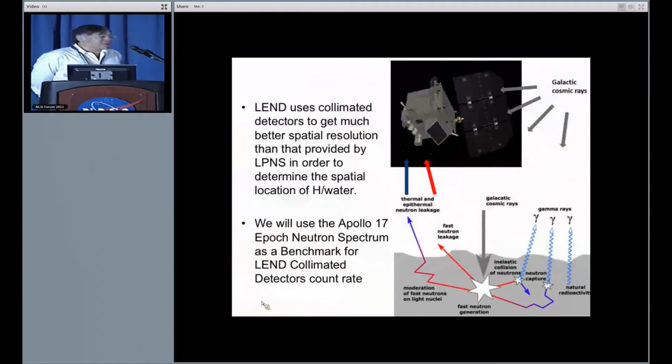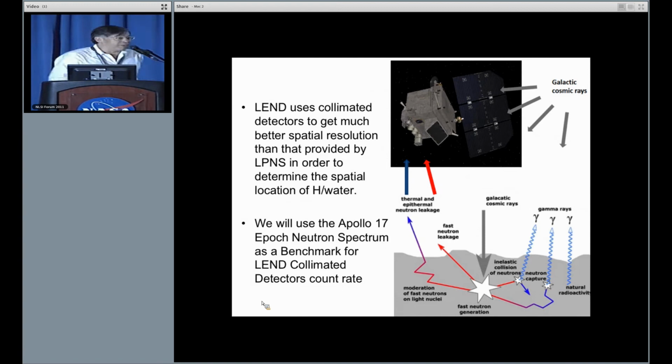This schematic illustrates the primary processes we are going to deal with in order to calculate the performance of the collimated detectors. You heard last Tuesday from Dmitry Golovin that the galactic cosmic ray flux is a varying component, very tied to the solar activity of the sun.